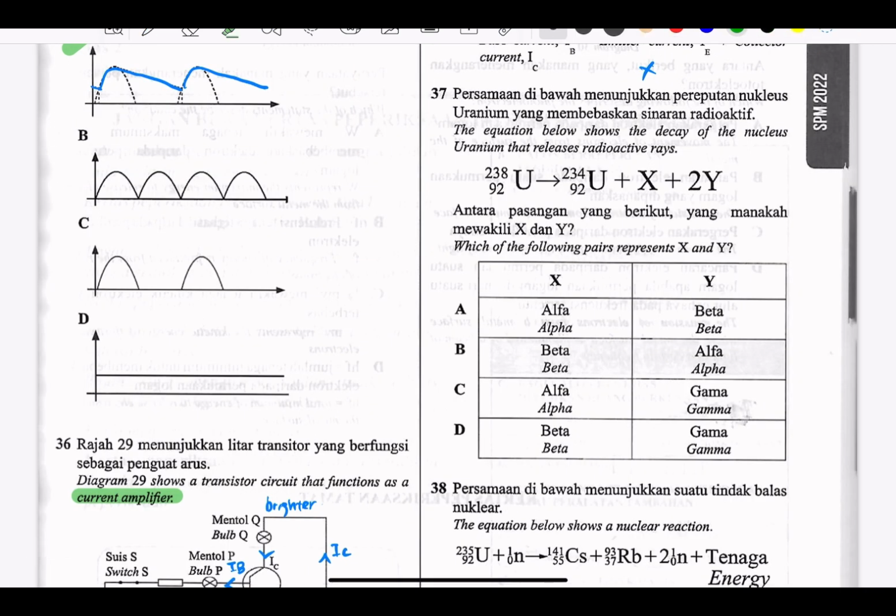37. The decay of uranium nucleus that releases radioactive rays. Which of the following pairs represents X and Y? Radioactive rays. So X and Y are the radioactive rays. So it can be alpha, beta, or gamma.